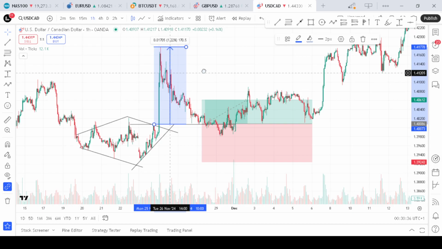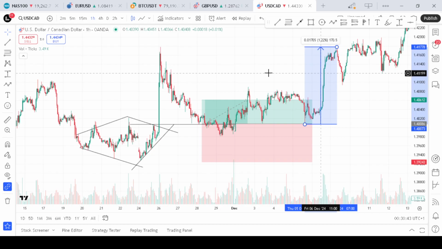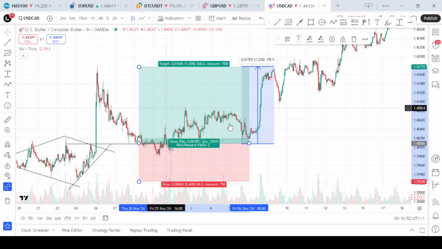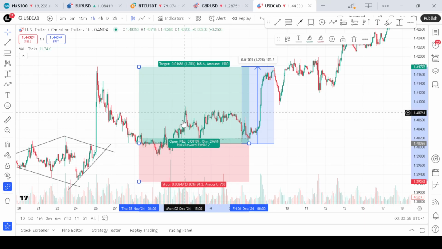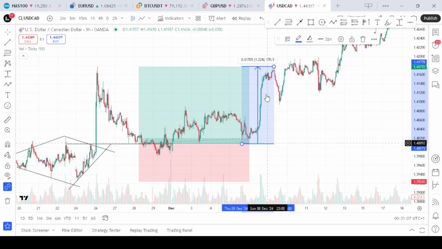So at this area in price, we will just put our target and calculate an estimated amount from our measured length that price broke out from. And as you can see, this is exactly 1:2. You can also decide to set a profit target of 1:2, as the case may be. You also have to project the distance from the breakout level to set a realistic profit target.